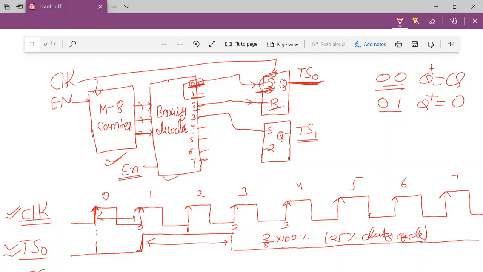At this point the third output would become 1, right? So when the third output becomes 1, your TS1 will go high.